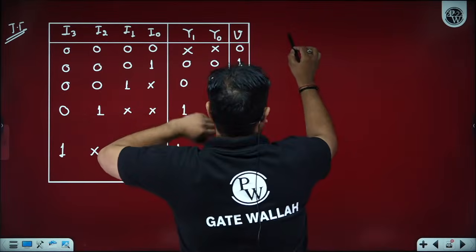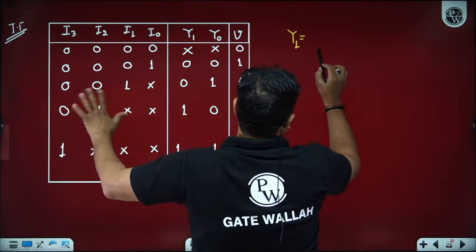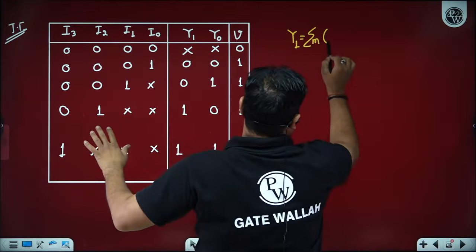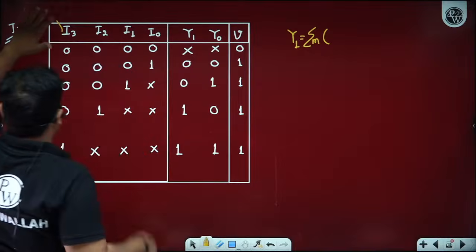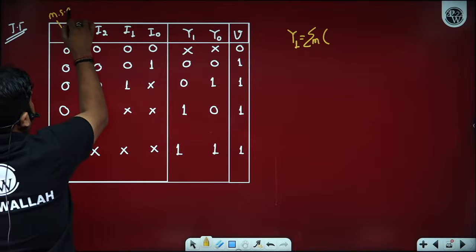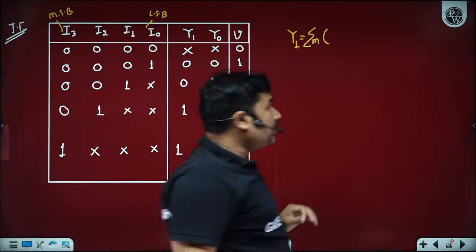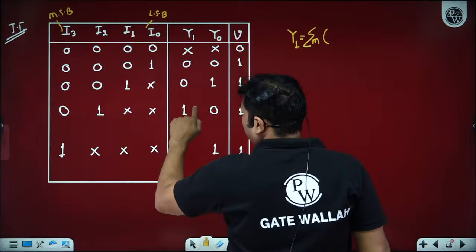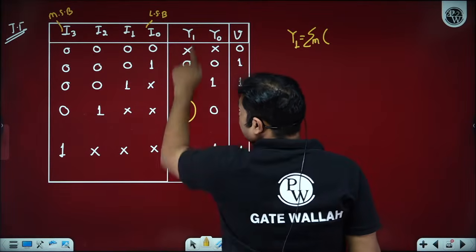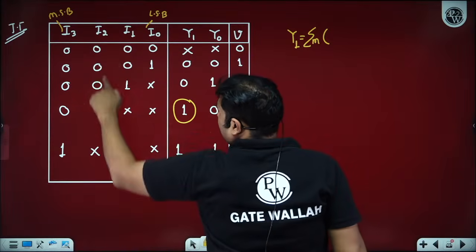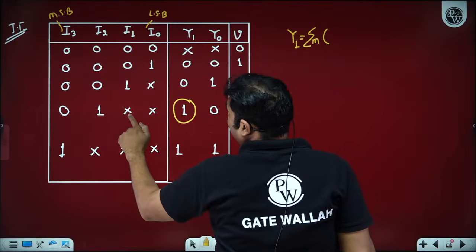What is the logical expression for y1? Please observe here. With I3 as a MSB and I0 as a LSB, we can say y1 to be high on the binary condition of, please observe, if y1 is high, then it means I2 high, I1 low, I0 low.